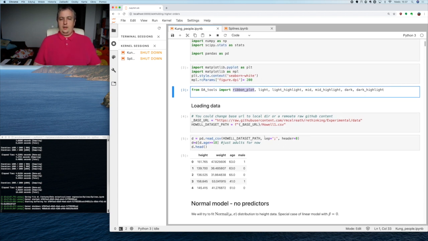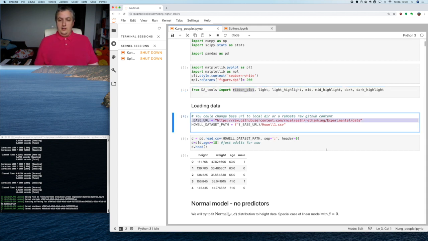We will be loading the dataset directly from McElreath's package; you can directly download it from his GitHub repository and use it with pandas to load the data.